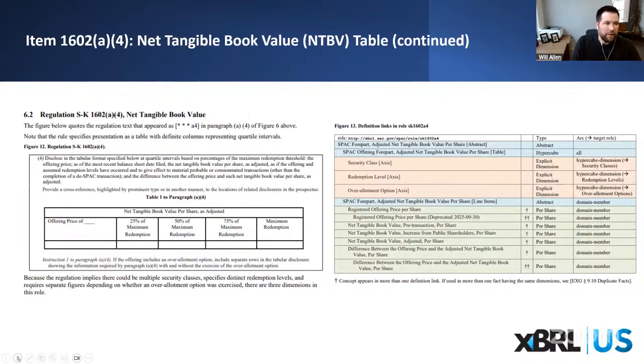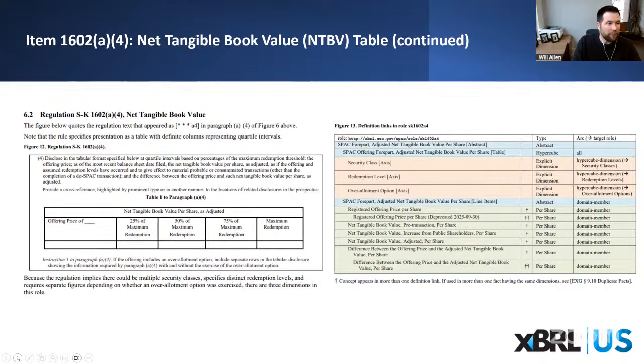This is out of the SPAC taxonomy guide. Just a couple of screen snips out of the guide there. The table on the left, figure 12, shows an example of what this would look like within your filing.